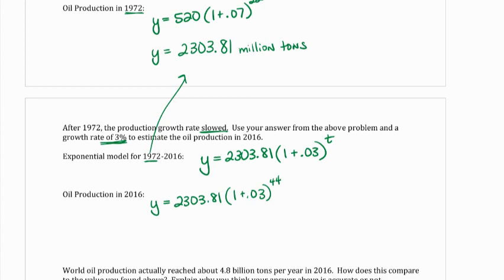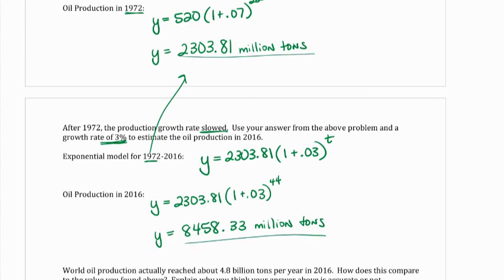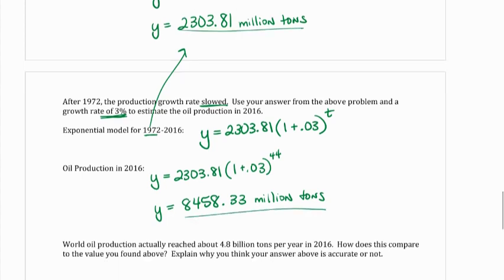Whoops, wrong button. 1.03 to the 44th times 2303.81, we end up with 8458.33 million tons. Okay, so a little bit slower growth rate, but we get our two different answers with our two different models.